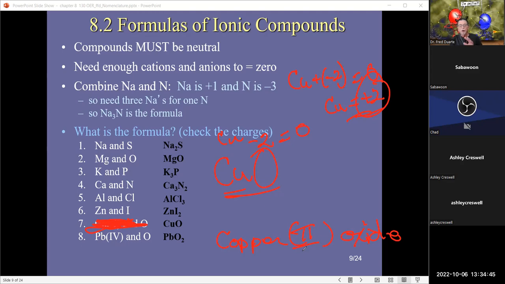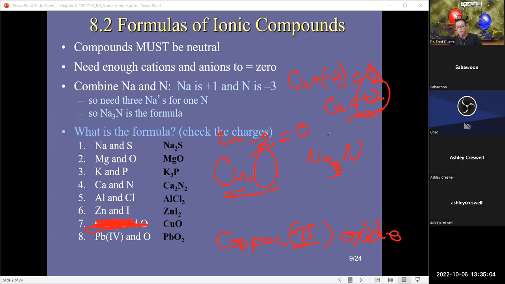So like I stated, you're always going to know the oxidation state of either the cation or the anion. And knowing that, even for example, what we did earlier was the sodium nitride. Let's say you forgot that the nitride was a -3.